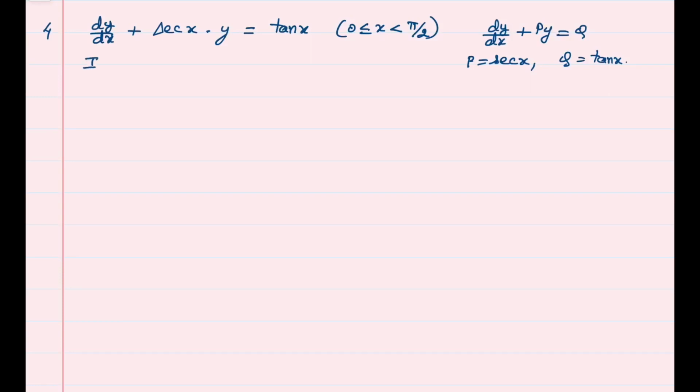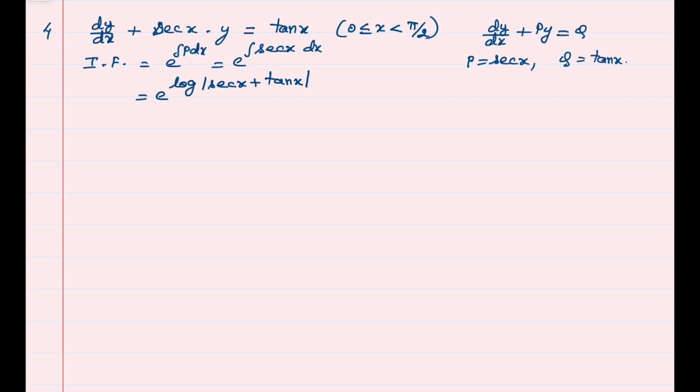We will find the integrating factor e power integral p dx, which is e power integral secant x dx. Integral of secant x is log of absolute value of secant x plus tan x.